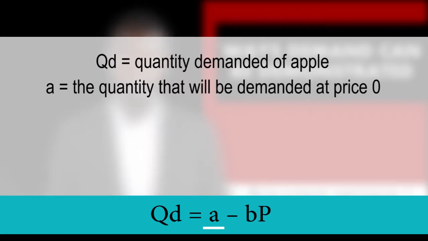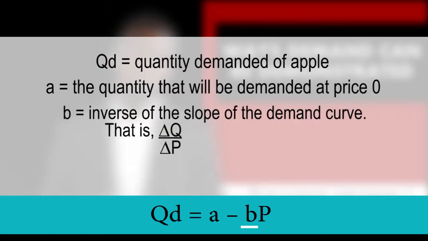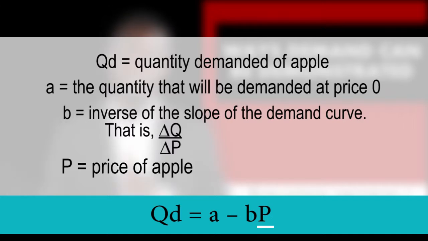That shows the A. And the B that you see there talks about the inverse of the slope of the demand curve. The inverse of the slope of the demand curve is given by change in Q over change in P. That is change in the quantity demanded over change in the price of the commodity. And the P, of course, talks about the price of the commodity in question.